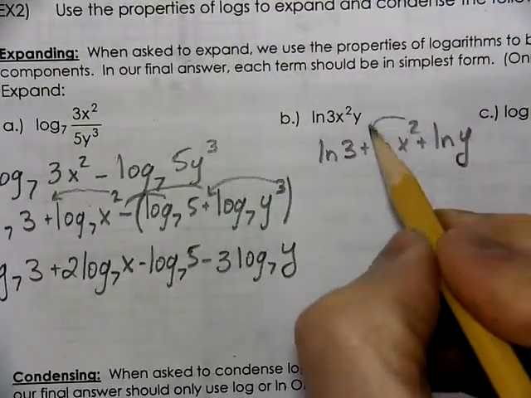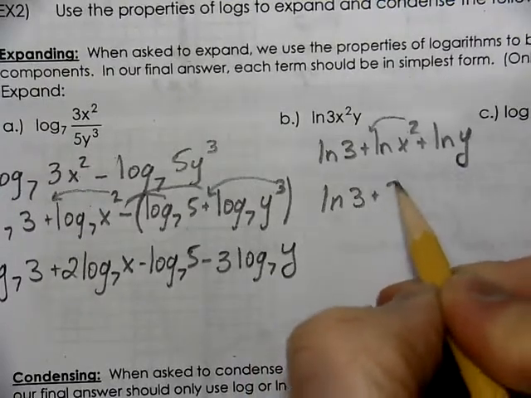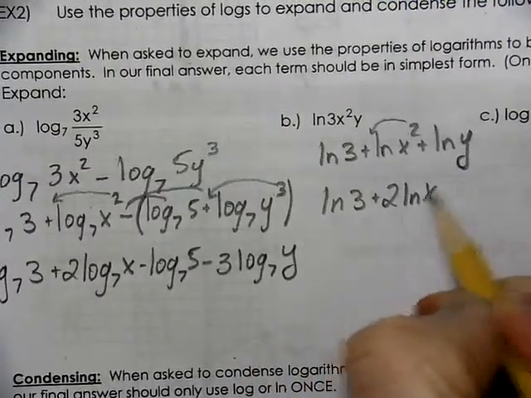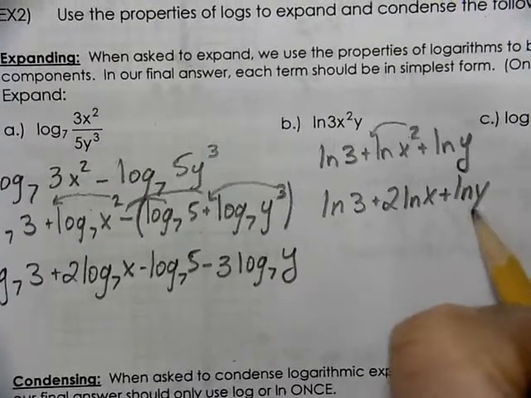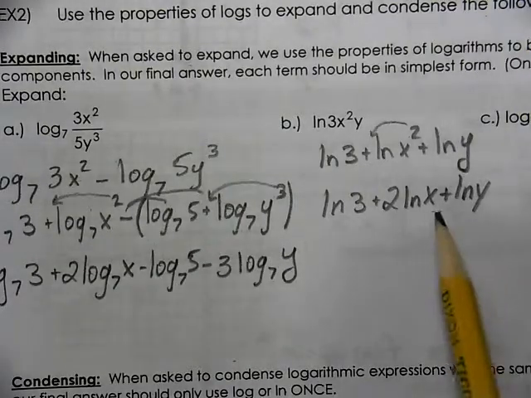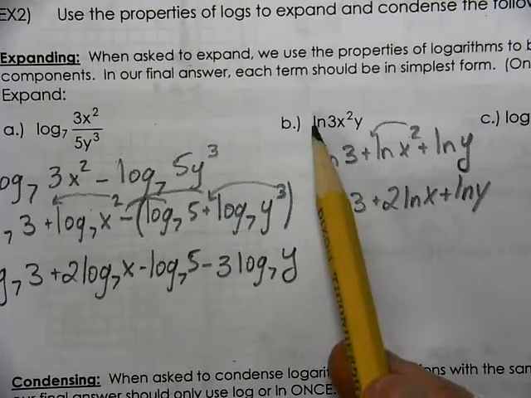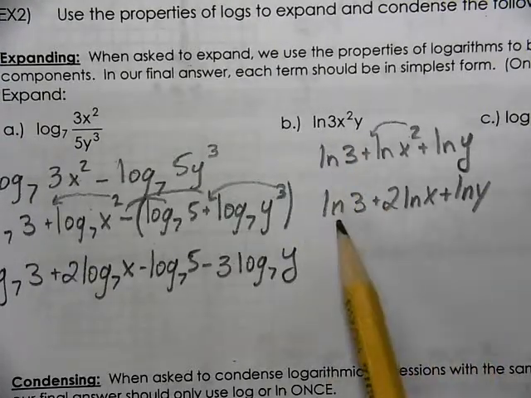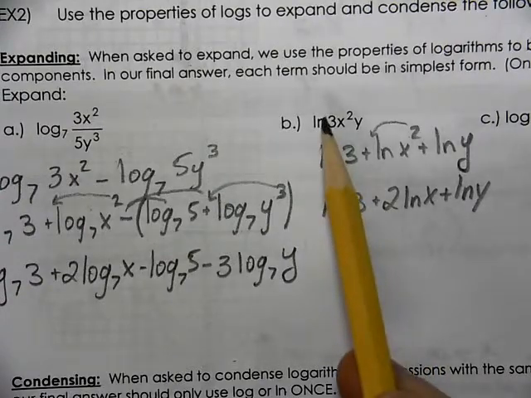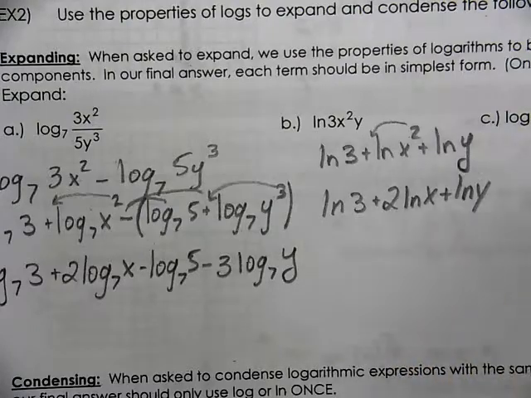Bring the 2 in front. And that's as far as we can go. We have written it with more natural logs. That was our goal. This has 3 different terms inside of it, so that's why we have 3 different logarithms.